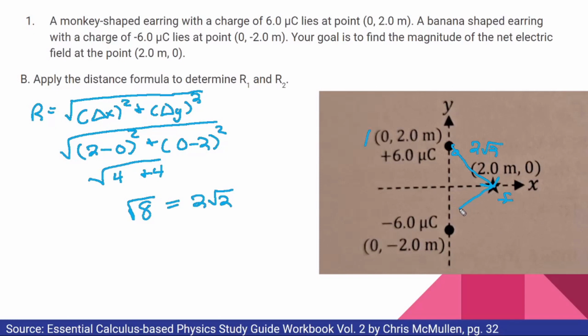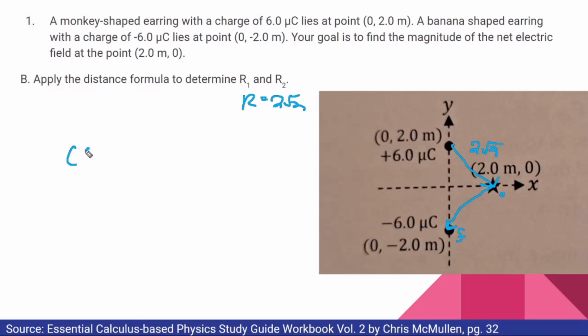And now for our second one, we will have the star being the initial and the second point being the final. So we have 0 minus negative 2, square that, plus 2 minus 0, and the square root of that.